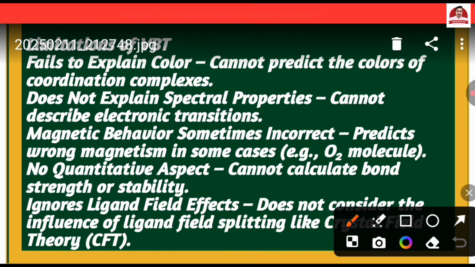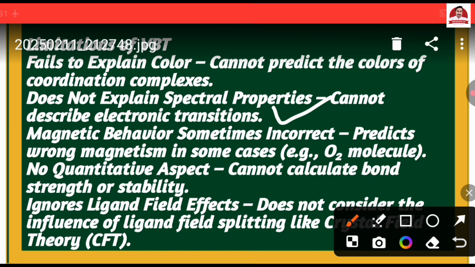Next, it does not explain the spectral properties, that is, VBT cannot describe the electronic transitions. In the crystal field splitting the d-d transitions occur, but VBT does not explain the electronic transitions in the d-d orbitals.